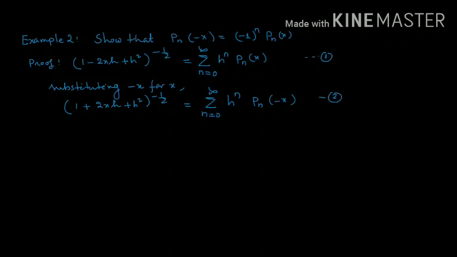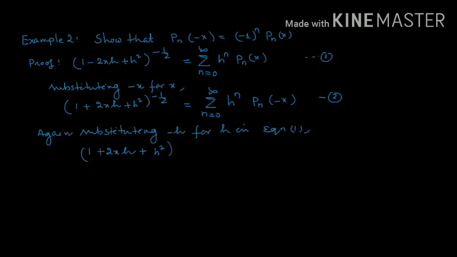So this is equation 2. Again substituting minus h for h in equation 1, we get (1 plus 2xh plus minus h whole square, that is h square) to the power minus half, equal to summation n equal to 0 to infinity (minus h) to the power n Pn of x, which is equal to summation n equal to 0 to infinity minus 1 to the power n h to the power n Pn of x.